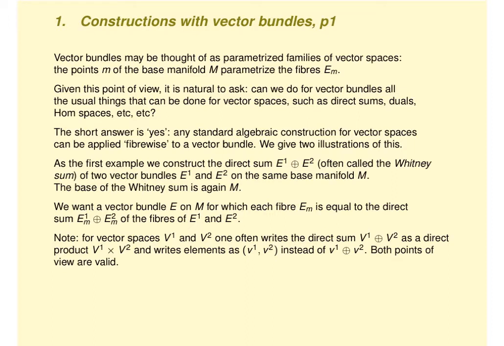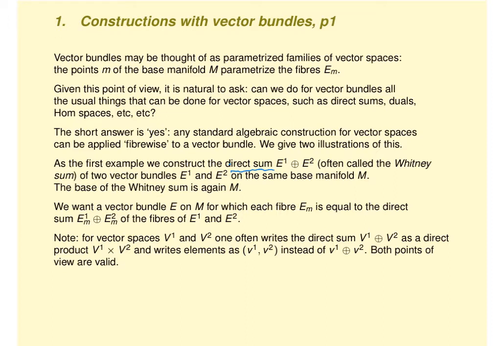We'll talk about one much later, but this process of applying the standard construction fiber-wise works a great deal of the time. So I'm going to deal with two examples of these, and the first one will be the direct sum of two vector bundles, written with the plus sign.